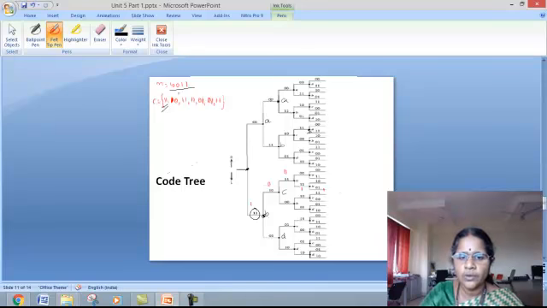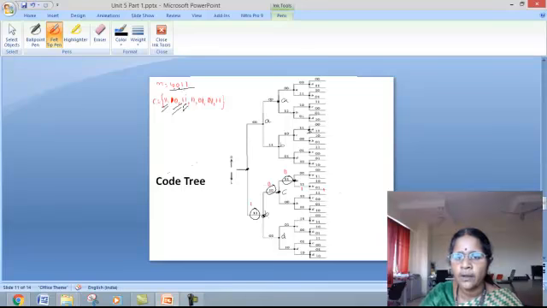What is the next message bit encountered? It is 0. So go up the tree. What is the output? Here it is 1, 0. Write this 1, 0 here. And now at this point, the next bit received is 0. So go up the tree and the output is 1, 1. You are at this point.